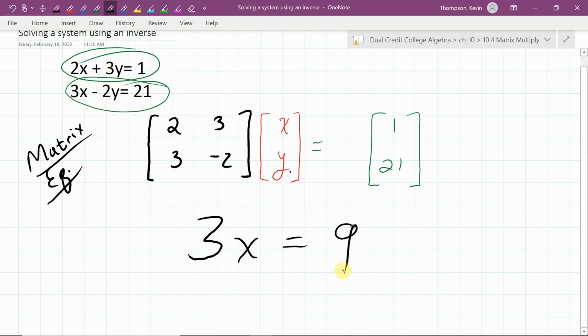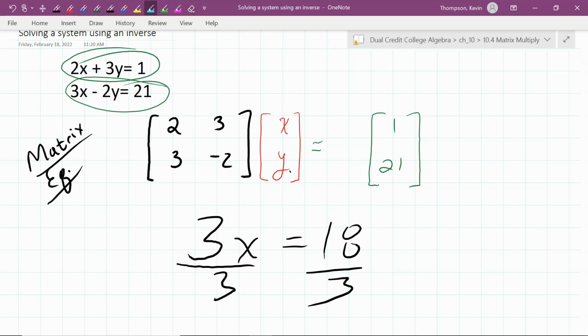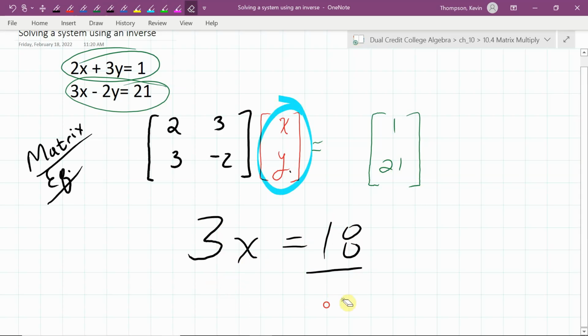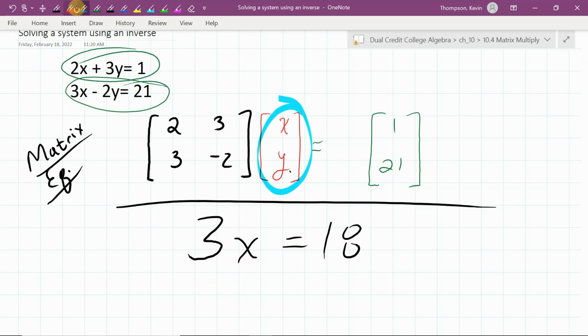If I saw this and said solve for x, wouldn't we think divide by 3, trying to get my solution? And I'm looking at this as like, I want that red portion by itself. Well, instead of thinking of division, there's a connection here: multiply by 1/3, right?